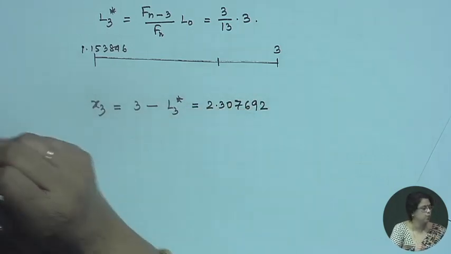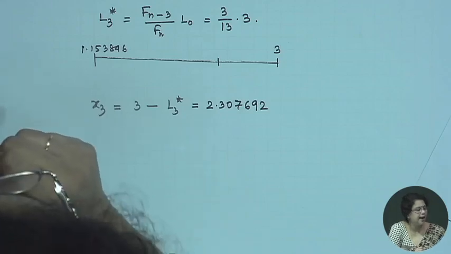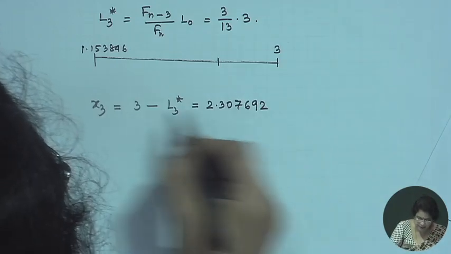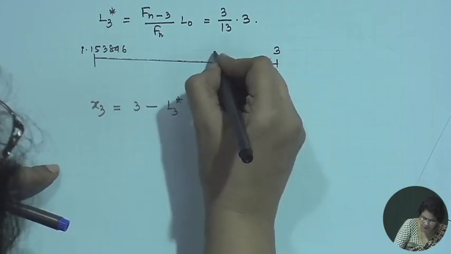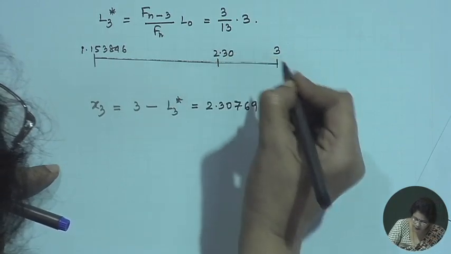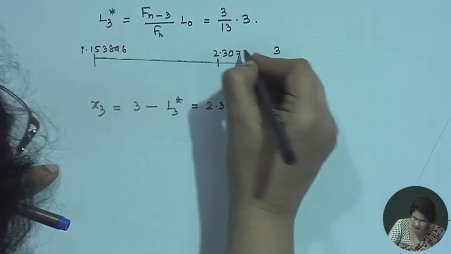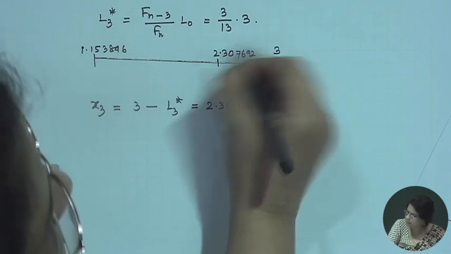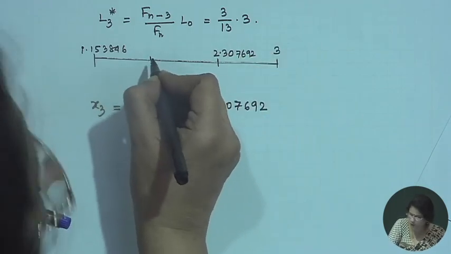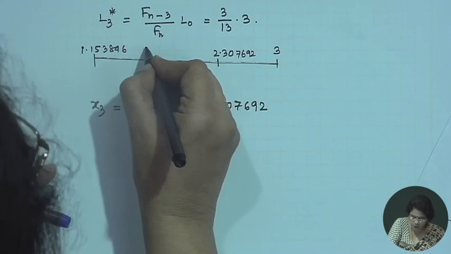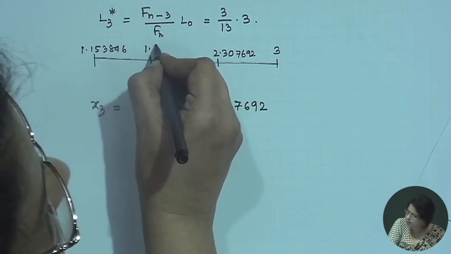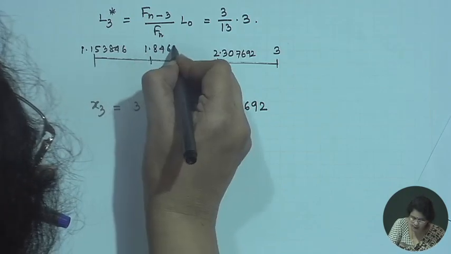3.07692. Alright, and if I see 2.307692, and previously I was having another point that was 1.846164.